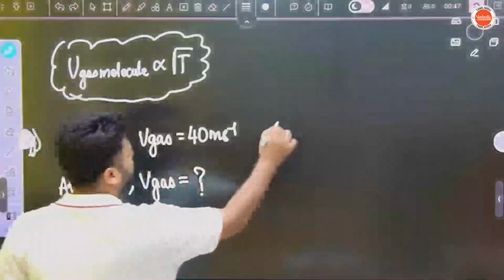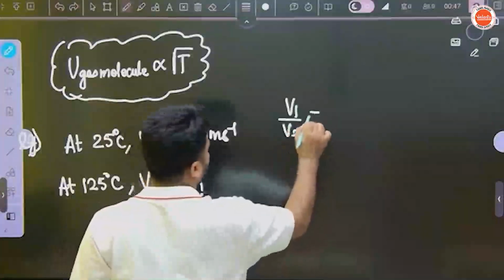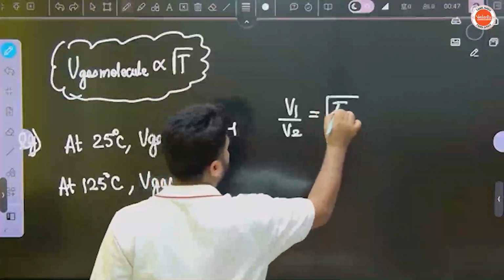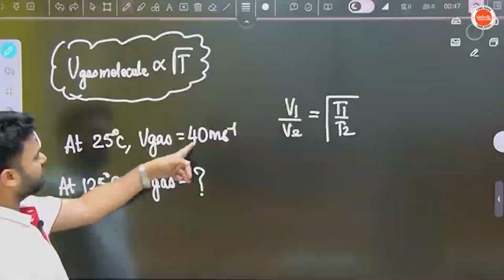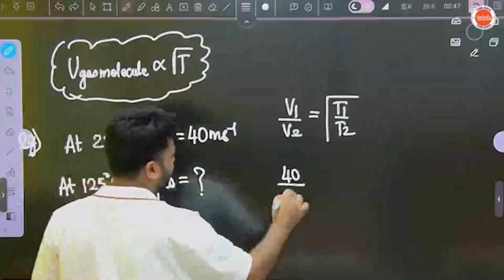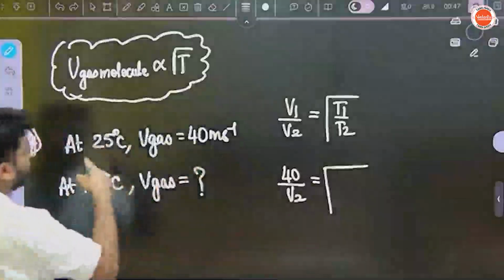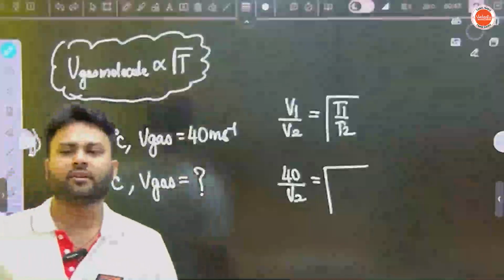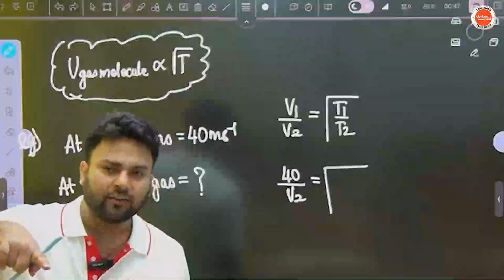So we can write V1 by V2 equals root of T1 by T2. V1, how much is the given velocity of gas? 40, divided by V2, they are asking. V2 equals root of T1. What was the temperature? 25. But don't make this mistake of using 25 directly.